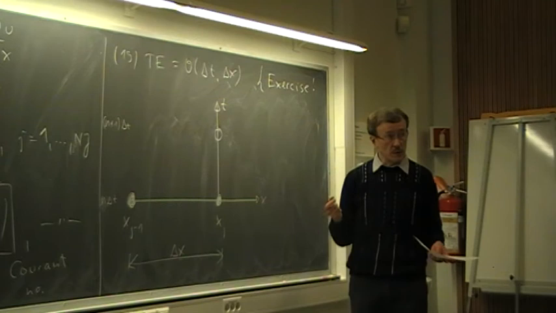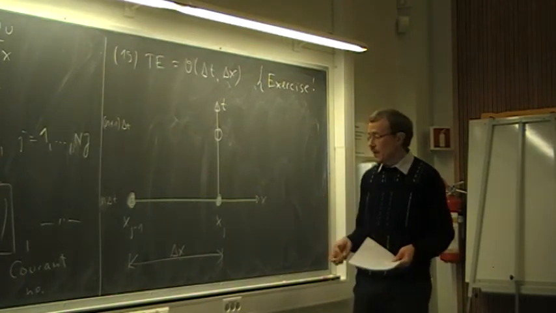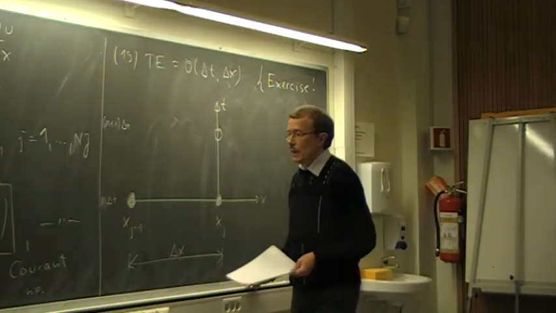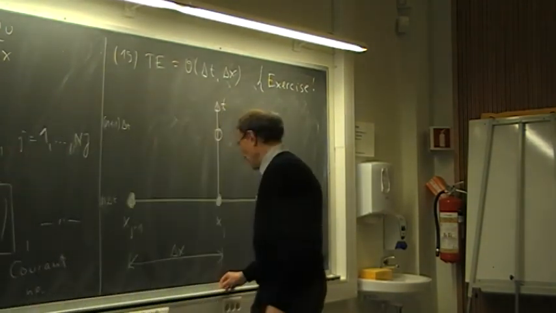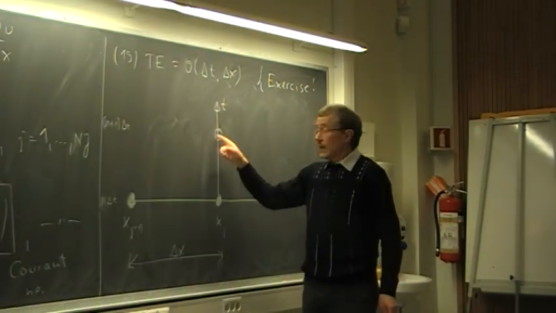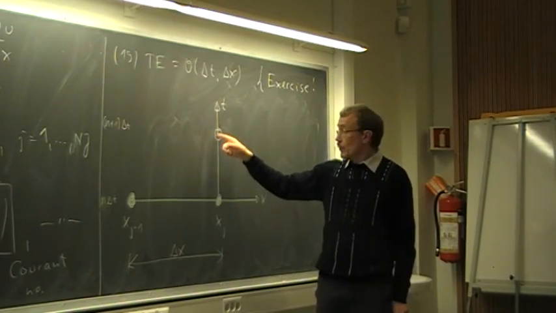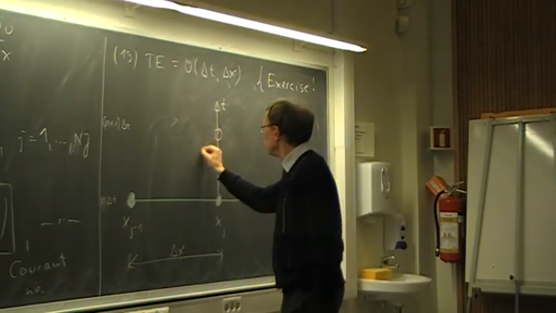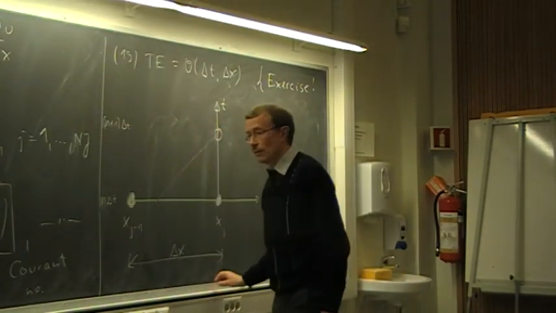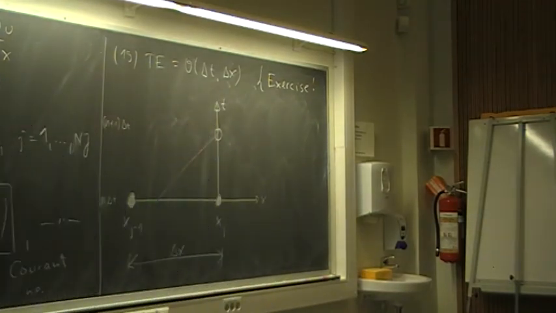What does the exact solution say? The exact solution says, just take the characteristic through this point. We want to know the solution here. So we look at the characteristic through this point, and then we get down somewhere here, where the solution is coming from.